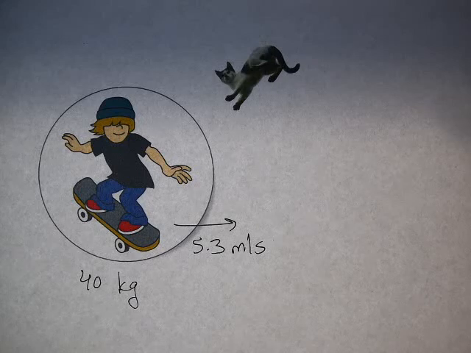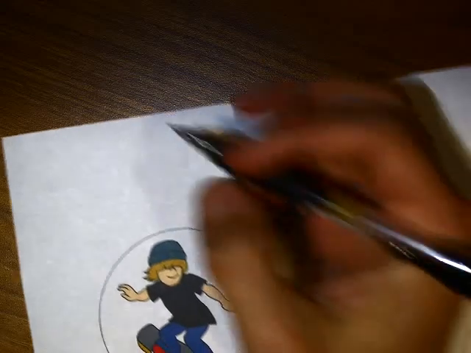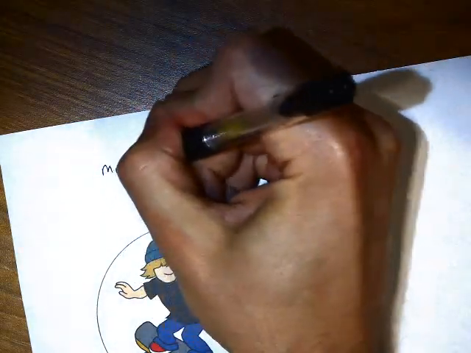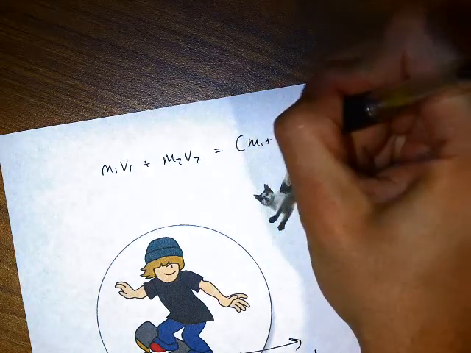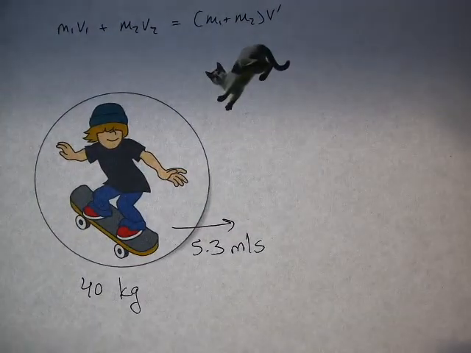For momentum to be conserved, because the total mass of the moving object goes up, the velocity must go down. We have, as an equation, m1 v1 plus m2 v2 equals the sum of the masses at their new velocity for perfectly inelastic collisions.